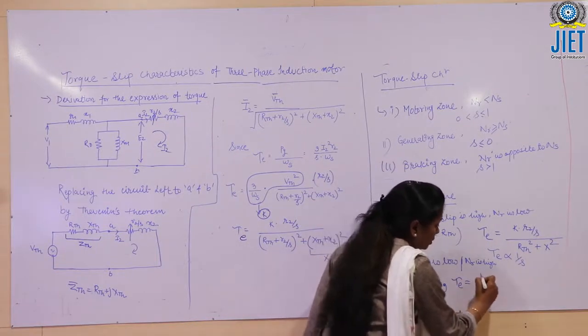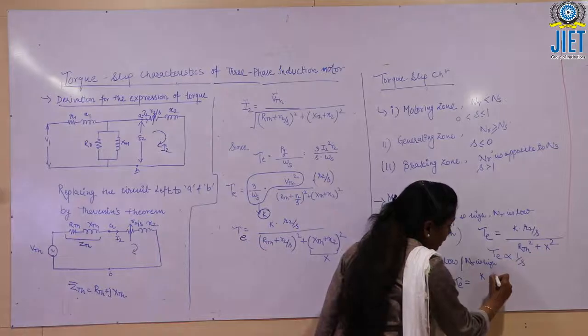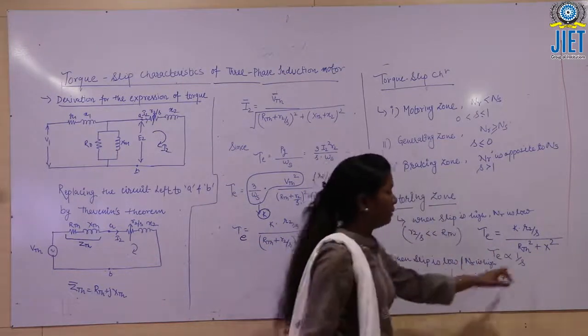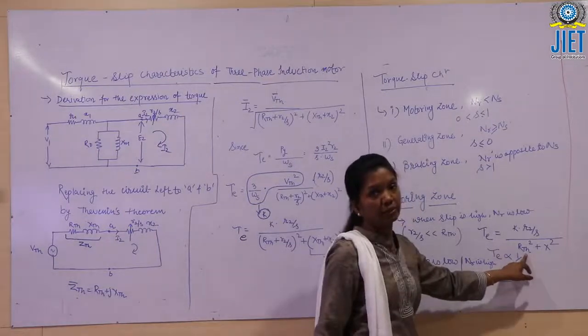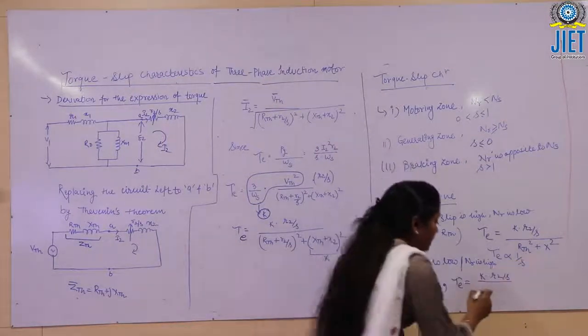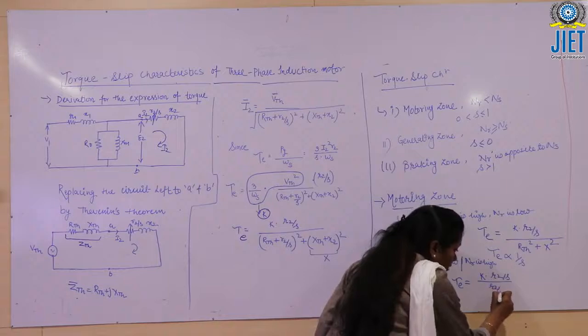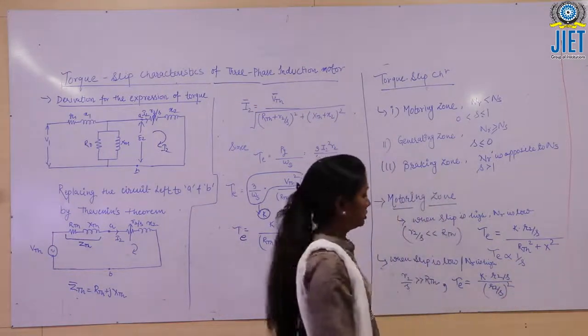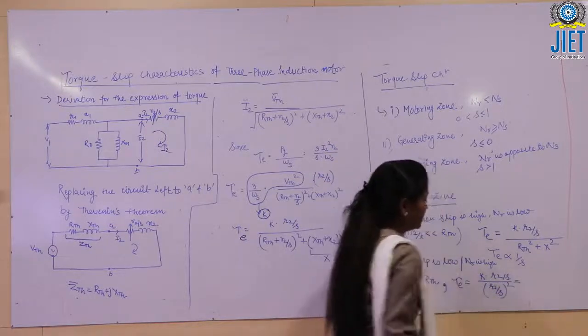TE is equal to K into R2 by S, and in the denominator R2 by S has become the most dominant term and therefore it is kept, all others are considered insignificant.